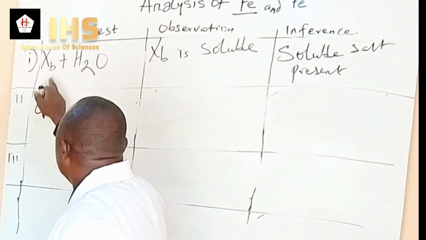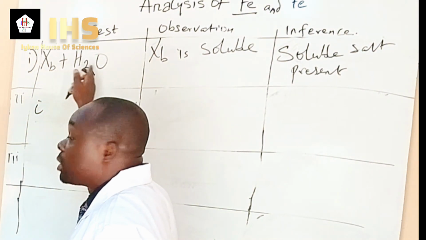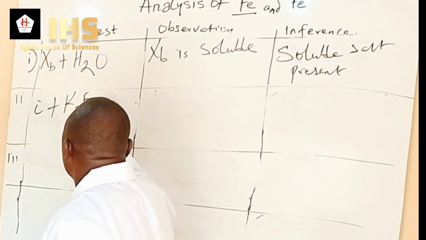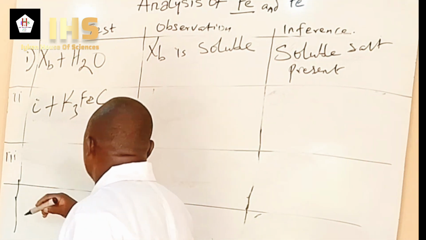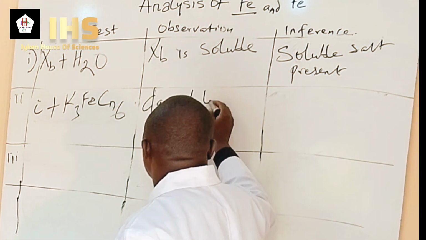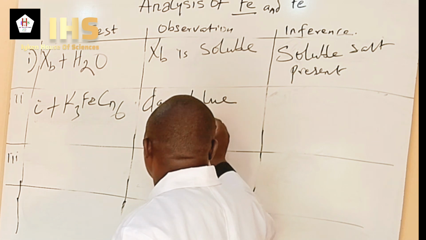So we write: the solution plus water plus the potassium hexacyanoferrate, we saw dark blue color.